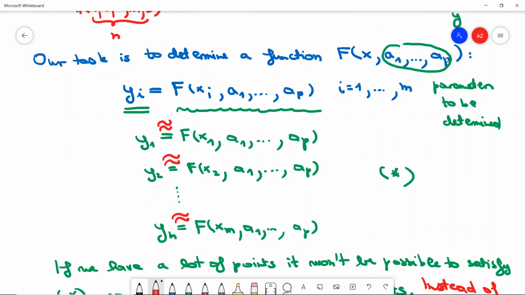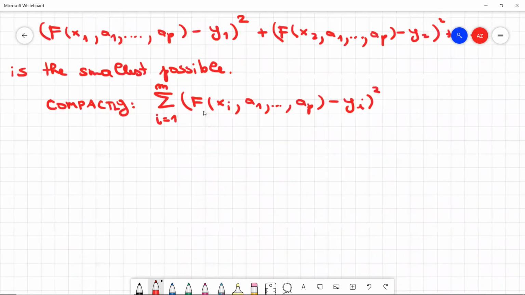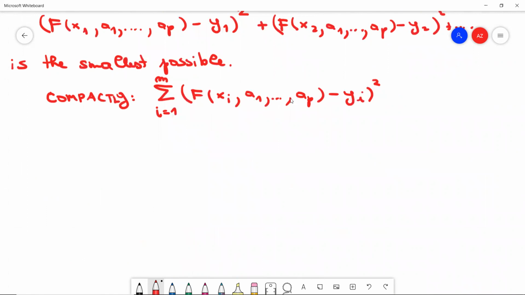So these are parameters to be determined. These are the unknowns. So when we say that we are minimizing this sum, we are plugging in all possible a's. Of course, we cannot check all possible a's, because there are infinitely many of them, but we can use some method to determine those parameters which really minimize this sum.